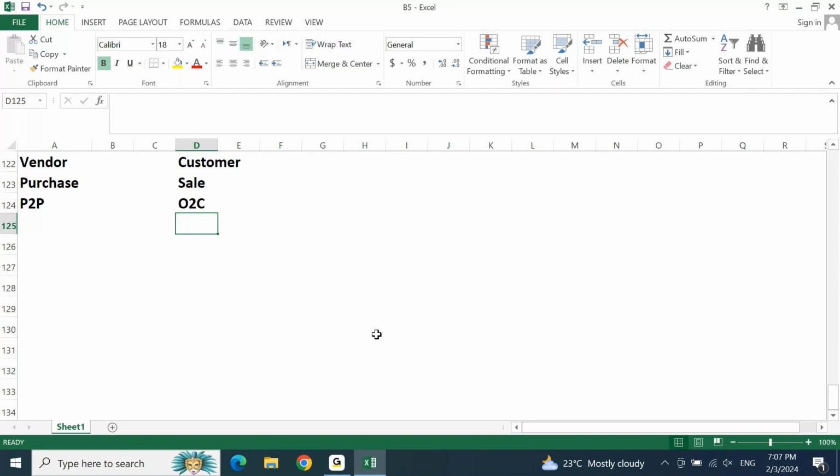Make sure you are able to understand these points before you move forward with your accounts payable. If this procedure is not clear, then whatever we talk about accounts payable, whoever you talk to, nobody will say that you are good at accounts payable, because you're talking about the purchasing process in accounts payable.